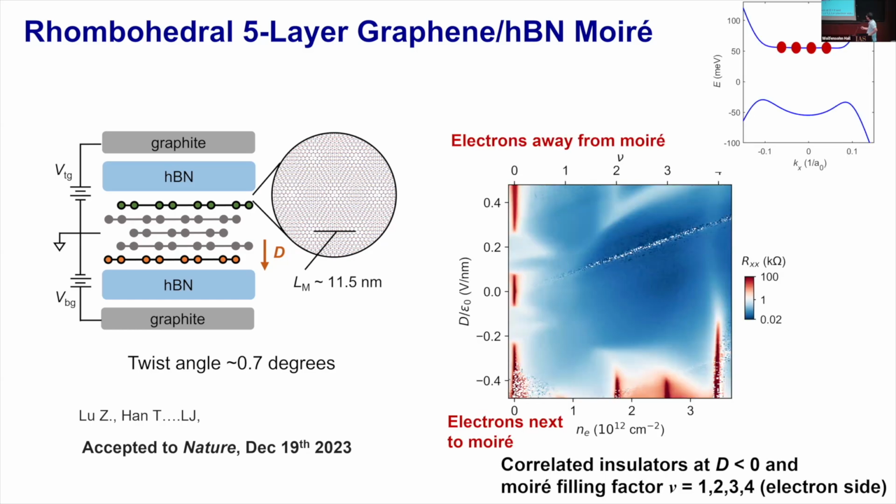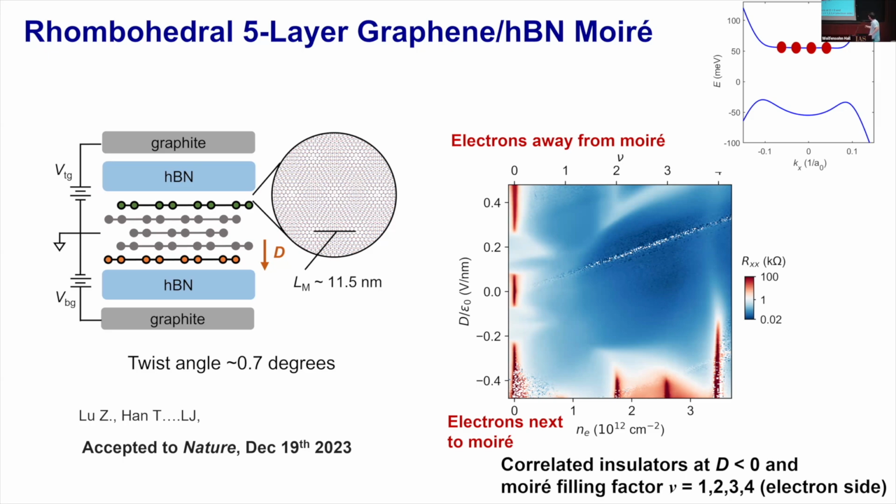And we apply the same tuning knobs, right? We can control the charge density and control the displacement field. And as I told you, when you open up the band gap, you can squeeze the bottom of the conduction band and make it even more flat than at D equals 0.